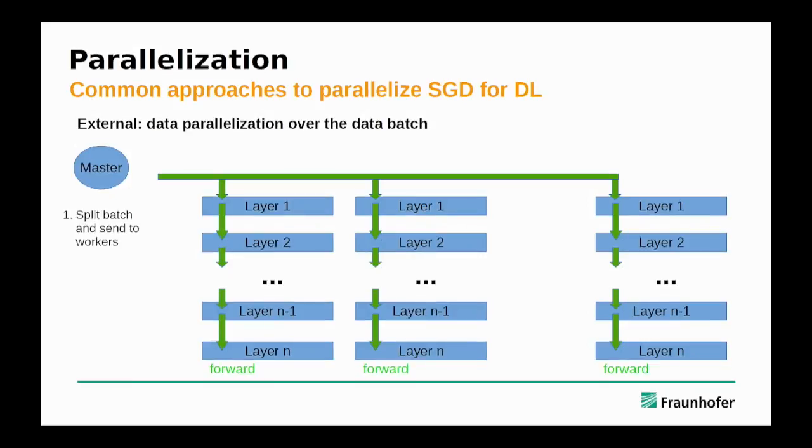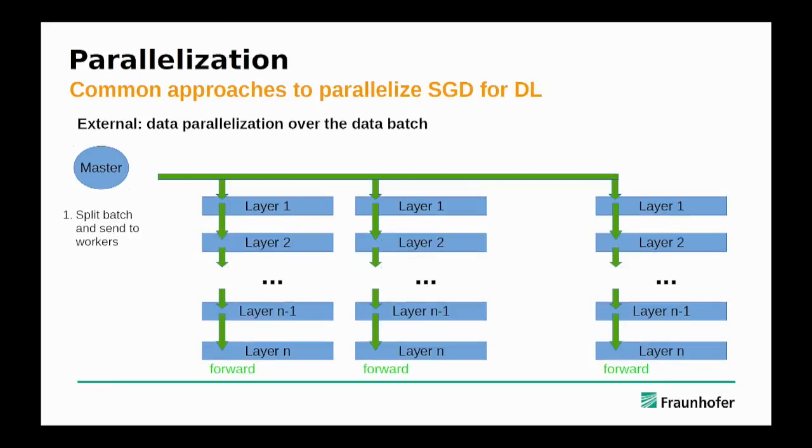Now, the second type of parallelization is what I call the external parallelization. Assume you want to parallelize the problem over several nodes. The common approach is a simple data parallelization. So I take my batches of data in one iteration step, I split them from some master and feed them forward through several worker nodes who have the same copy of the entire model.